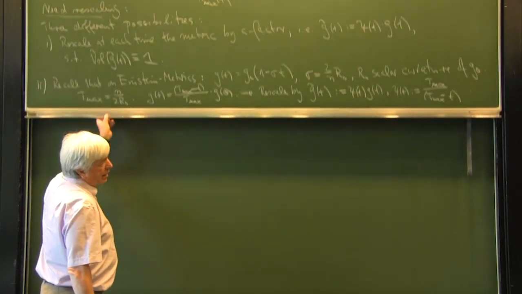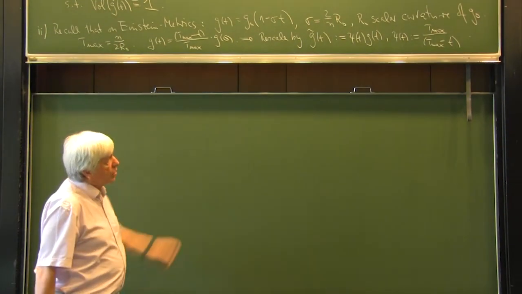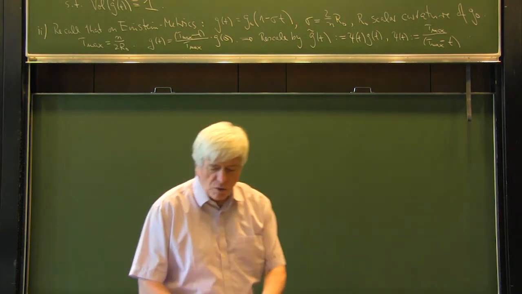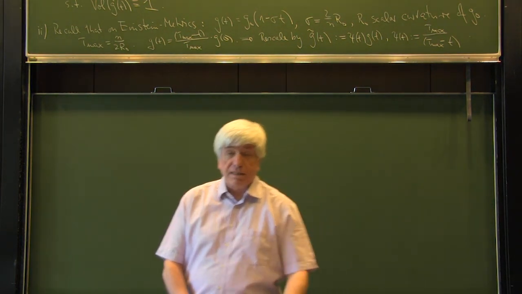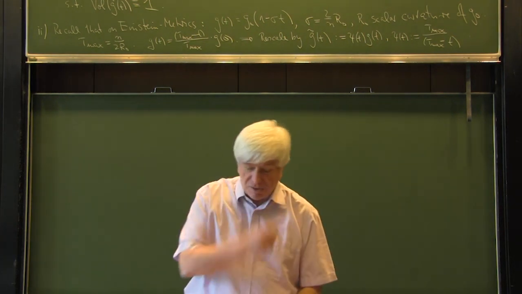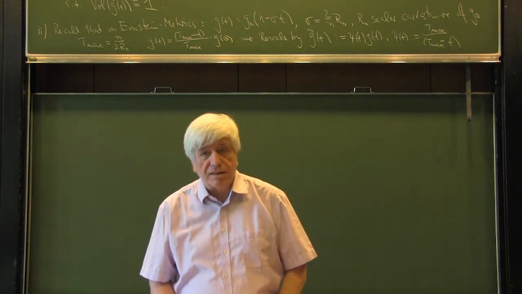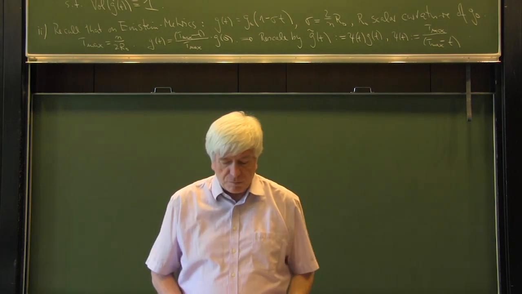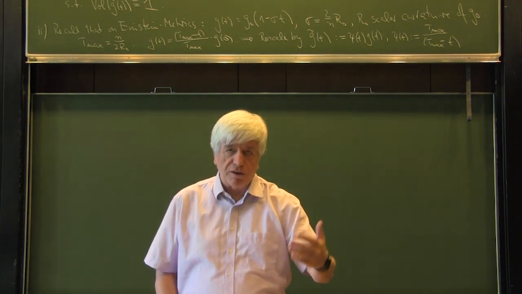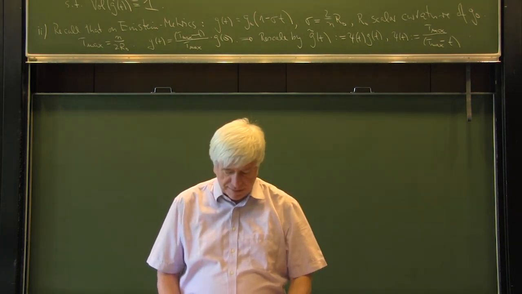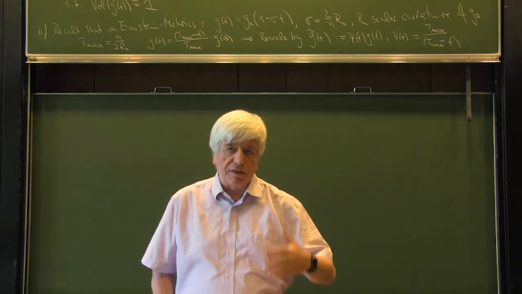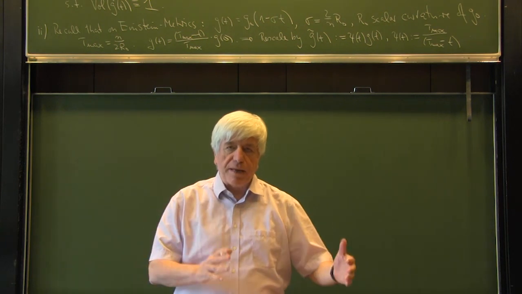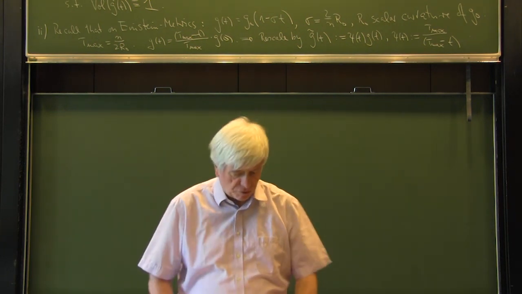Now, this, of course, makes the assumption that you know this is the right blow-up rate. Now, it turns out, in many situations, this is not the right blow-up rate. There are other singularities. And then it would be useful to have a further method of rescaling Ricci flow. In fact, it would be useful to have a rescaling of Ricci flow which takes you back again into Ricci flow.